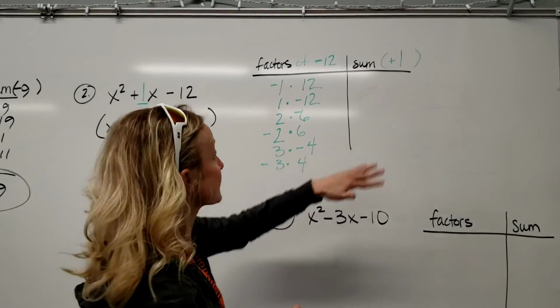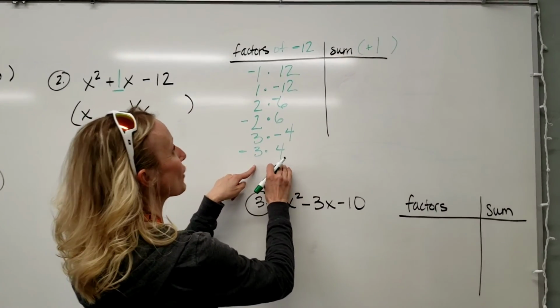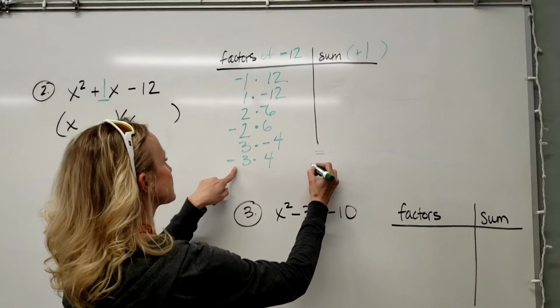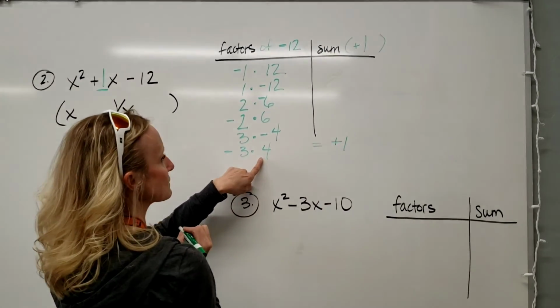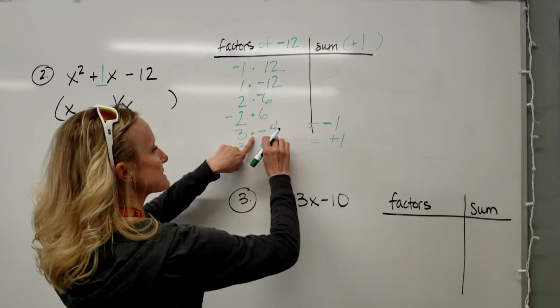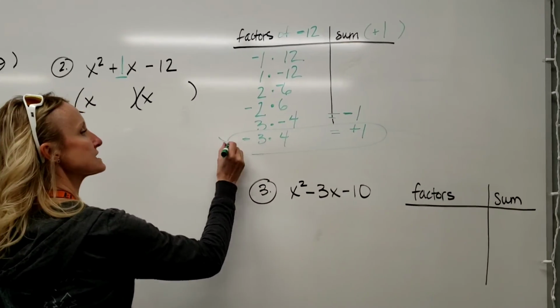There's only one of them that's going to get the sum to be a positive 1. And since I kind of know these ones are going to be big, I know that -3 and +4 is a positive 1 if I add those together. This one looks like it might work, but it's a negative because the 4 is more negative. So this one right here, okay, is our answer.